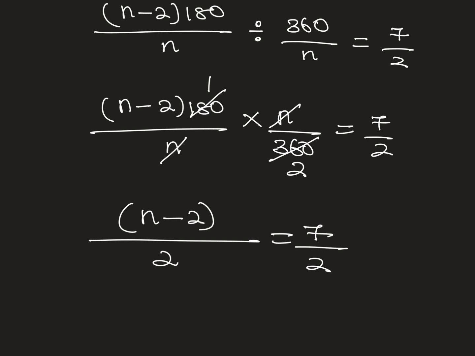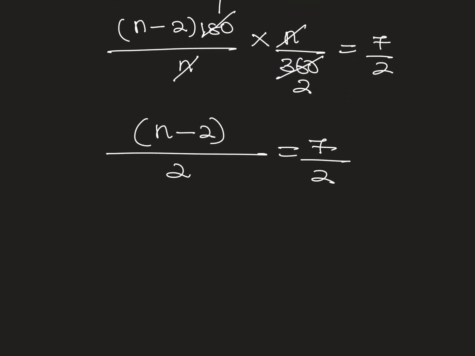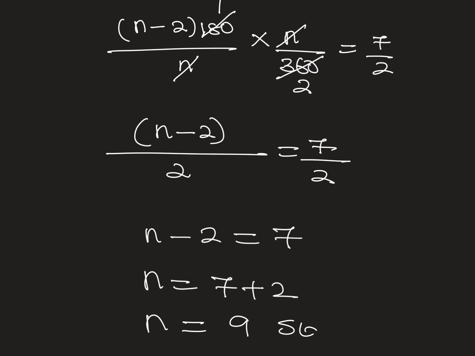So I can just go on to say n minus 2 is equal to 7. So in that case, n will be equal to 7 plus 2. n is going to be 9 sides. So it means the polygon has 9 sides.